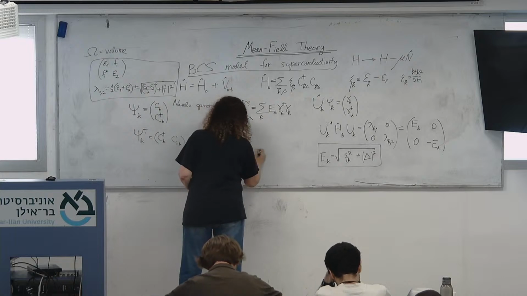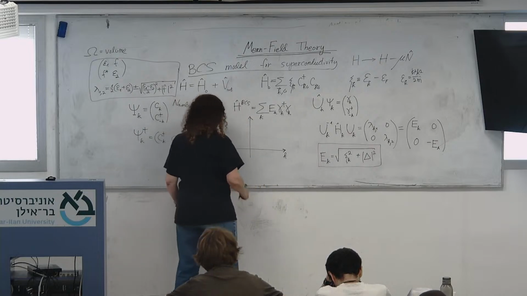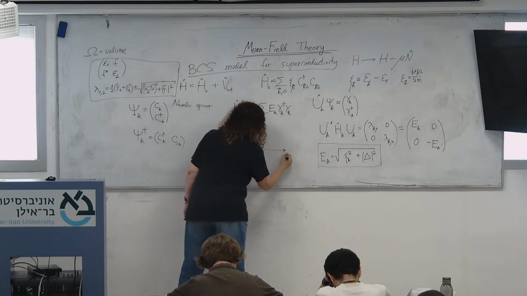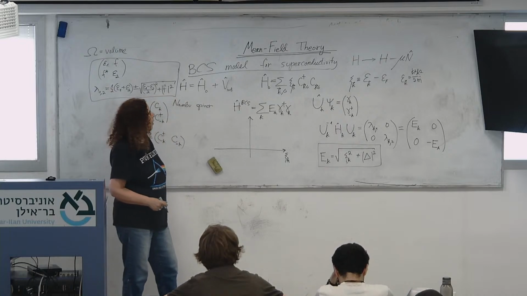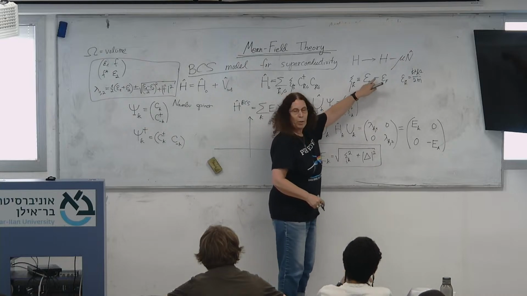Okay, if this is k, and somehow, maybe that's not a good way to draw it. Let me parameterize it by psi of k, which of course you can relate to k, but in a bit complicated way.